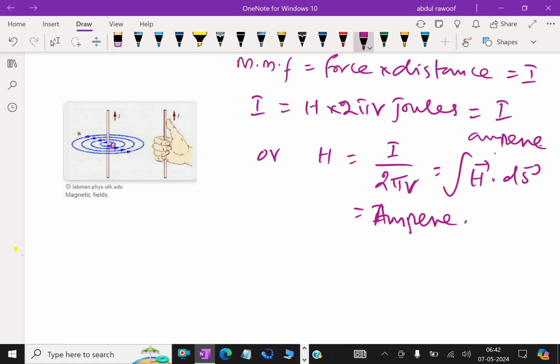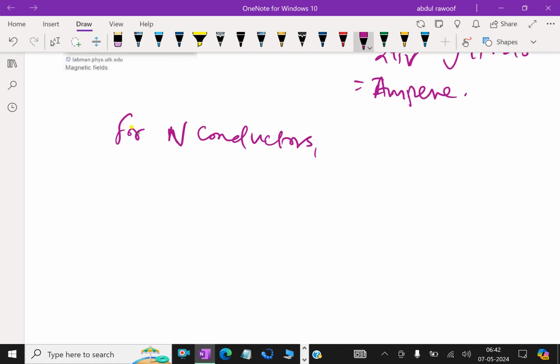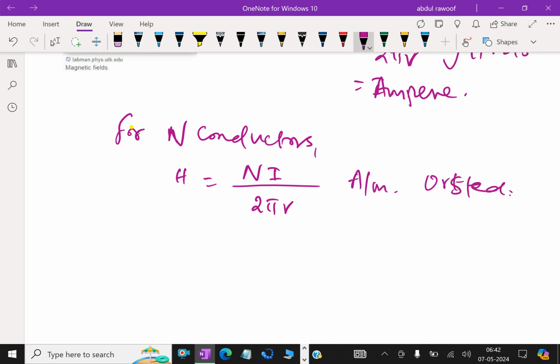If there are N conductors at the center, then for N conductors we can say H equals N times I over 2 pi r, in ampere per meter, or Oersted.